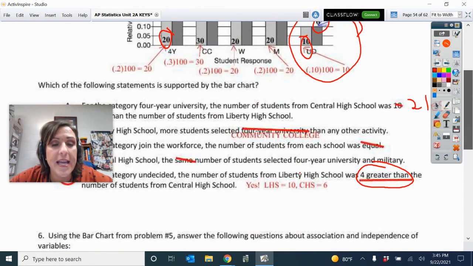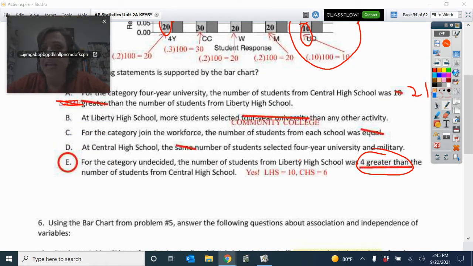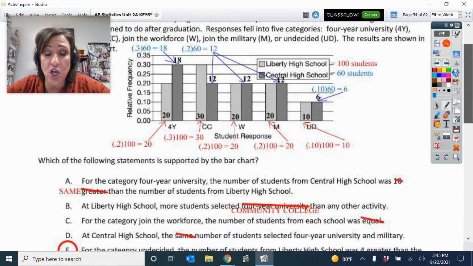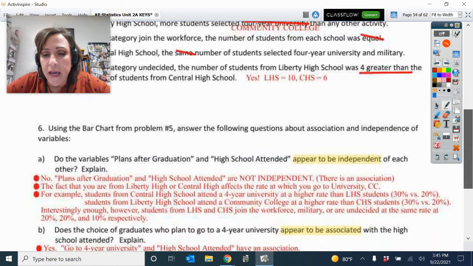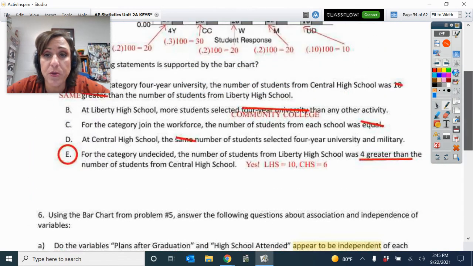Okay, and here's what makes this page so interesting: while number 5 focused on the number of students in each bar, and this is a side-by-side bar graph, the question down below asked about the relationship between 2 variables.